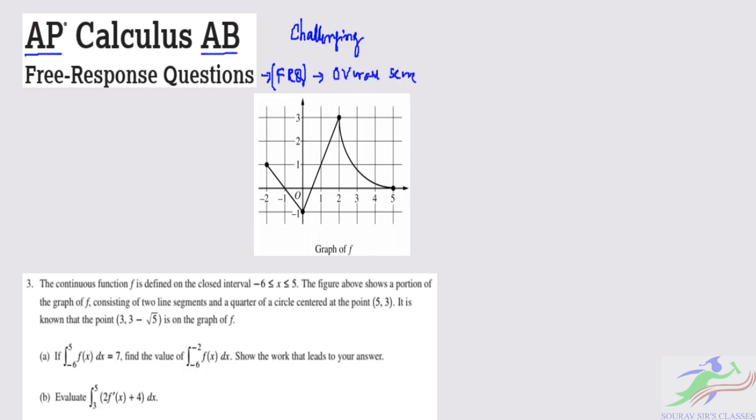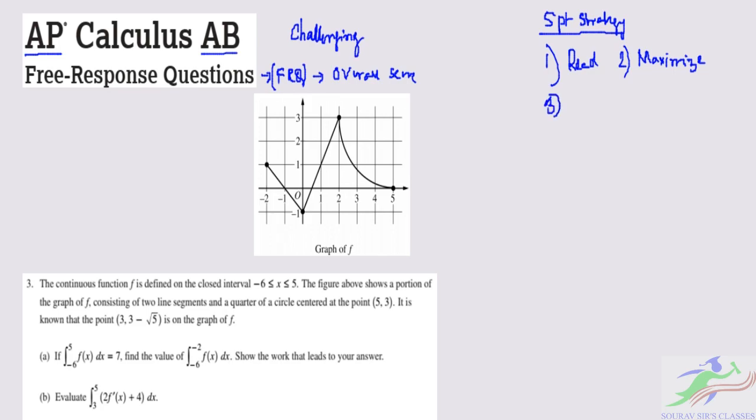Here we are following a 5-point strategy, which will boost your numbers in this section and your overall score. The first point is to read the question carefully. Point number 2, maximize your points for multiple part questions.